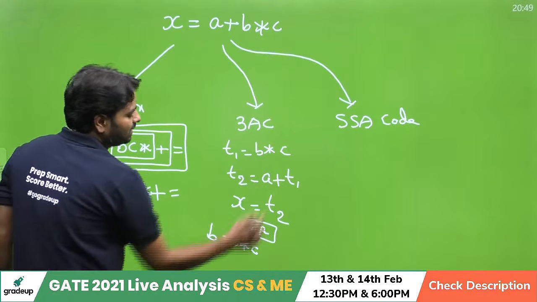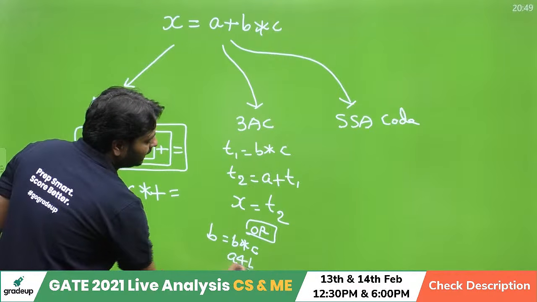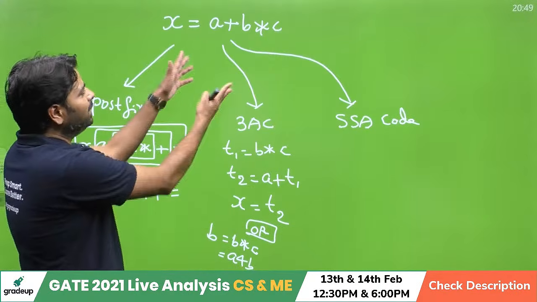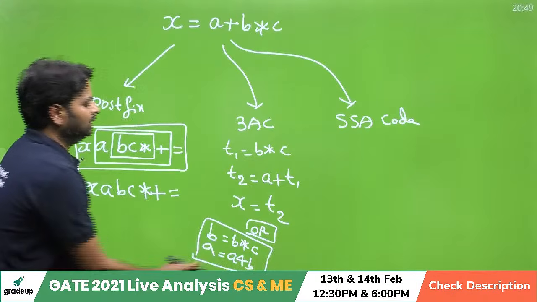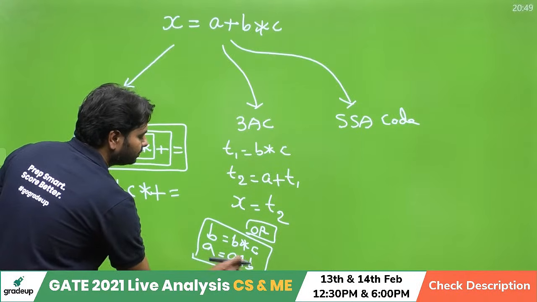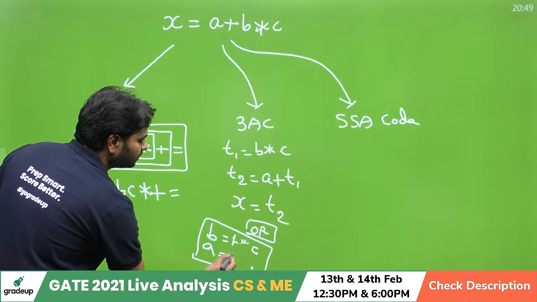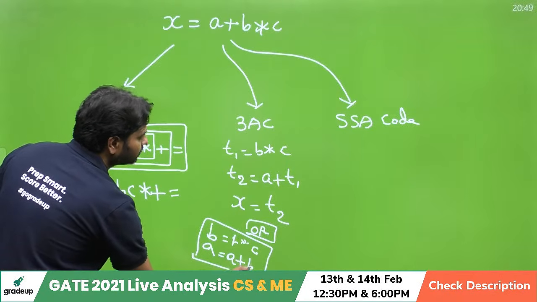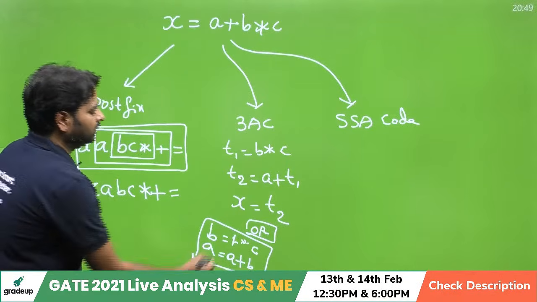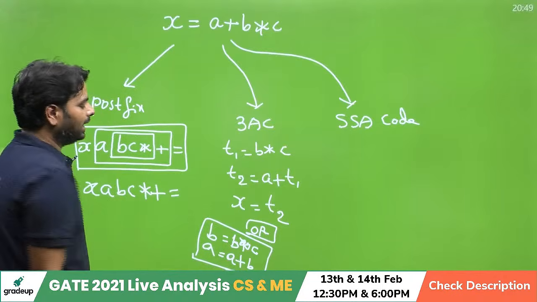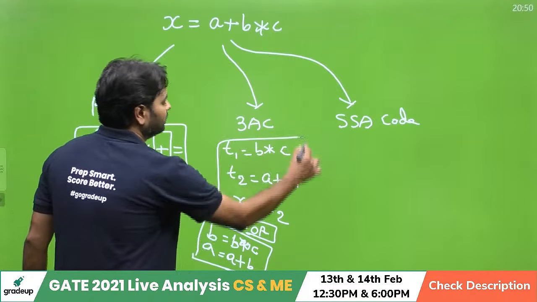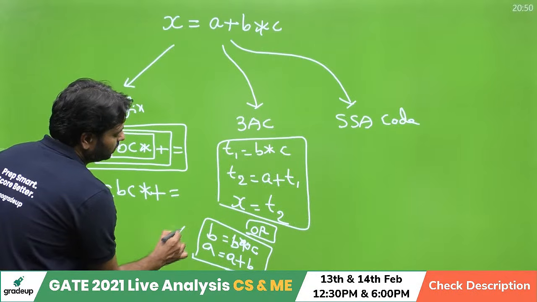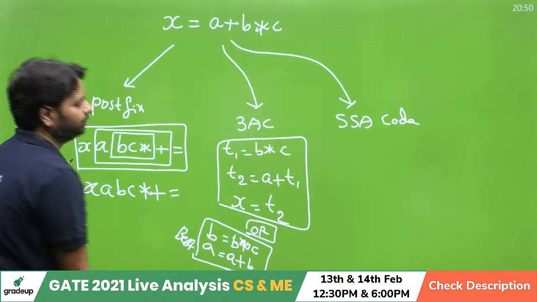And here A plus T1, A plus B I can write. Again after this A and B are useless, so I can use just A. This is enough. I can also use just three variables instead of five variables, right? But this is the best three address code, the optimized one.